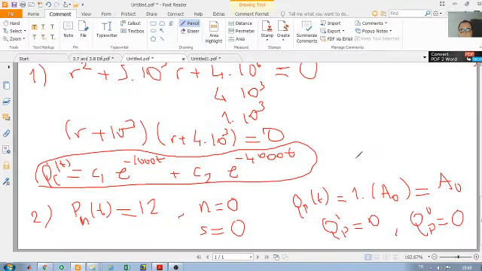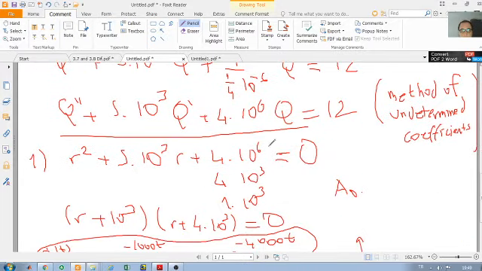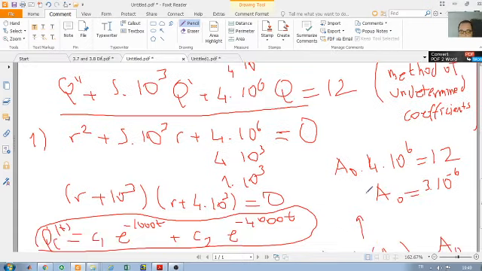So from here a0 times 4 times 10 to the power 6 is equal to 12. So a0 is equal to 3 times 10 to the power minus 6.